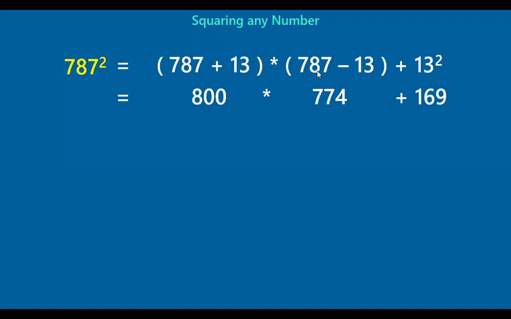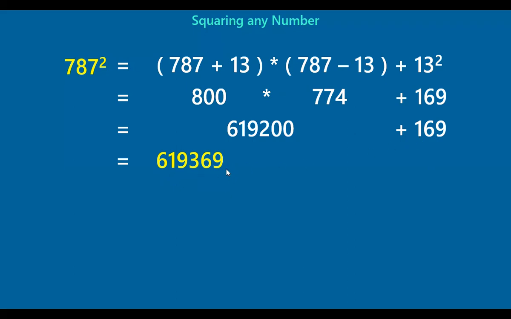So this is 787 minus 13 gives 774 and plus 13 square, of course. So multiply this with 8. It's easy. You get this number 619200 and 169. So the answer is very simple, 619369.